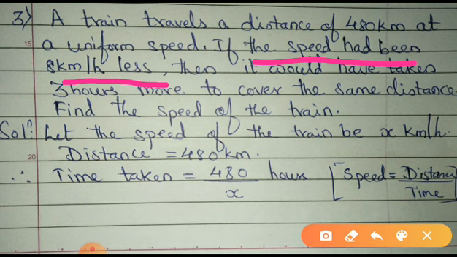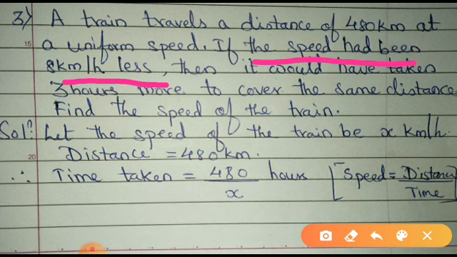That means in that case distance again is the same, but my speed reduced to x minus 8. So what will be the time taken for that? It will be 480 by x minus 8 hours.